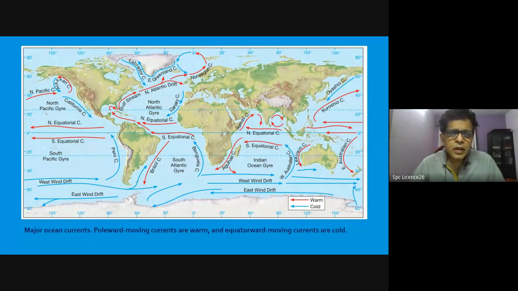Before we go into understanding the ocean currents, we can always compare this to the so-called pressure systems that you have in the atmospheric layers, particularly the lowest atmospheric layer, that is the troposphere.